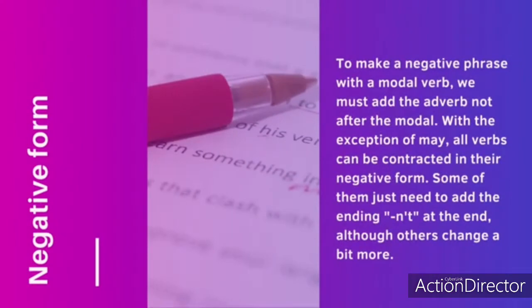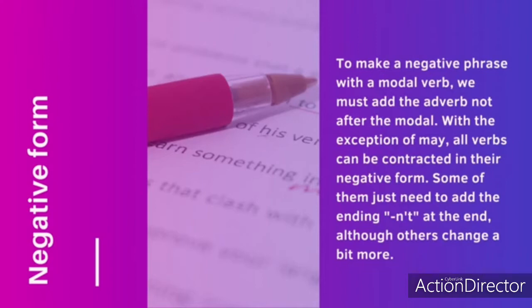Negative form. To make a negative phrase with a modal verb, we must add the adverb not after the modal, with the exception of may. All verbs can be contracted in their negative form. Some of them just need to add the ending n't at the end, although others change a bit more.